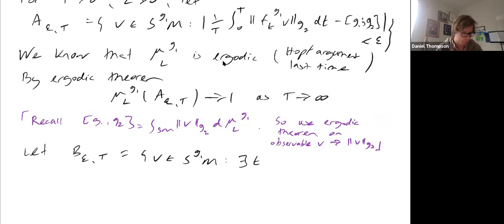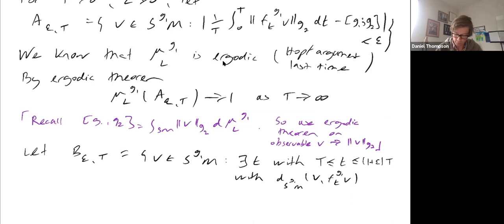Okay, so there exists a T in the window t up to 1 plus epsilon times t, such that the distance, just be careful, in G1 from V to f_t G1 V is less than epsilon.